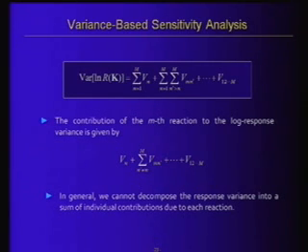These terms are the contribution of the mth reaction in cooperation with each one of the other reactions, the pairwise cooperation, and so on and so forth. So this is the formula.